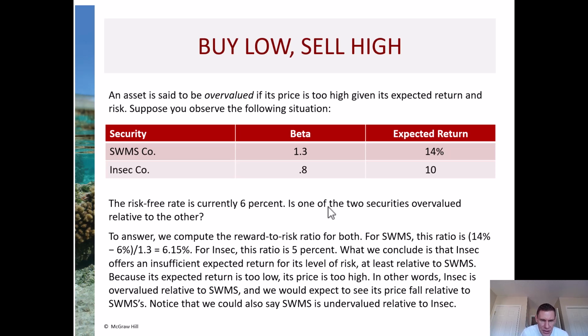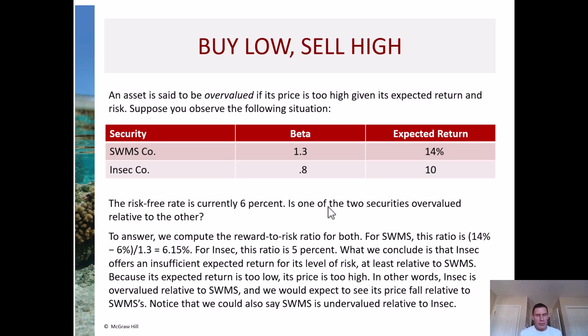To answer, the first thing we're going to do is compute the risk to reward ratio for both. For SWMS, the first company, it's just the 14% minus the 6% risk-free, divided by the beta of 1.3, and we get 6.15%. For INSEC, if we perform the same calculation, then we get 5%. So what we conclude is that INSEC offers an insufficient expected return for its level of risk, at least relative to the other company, SWMS.